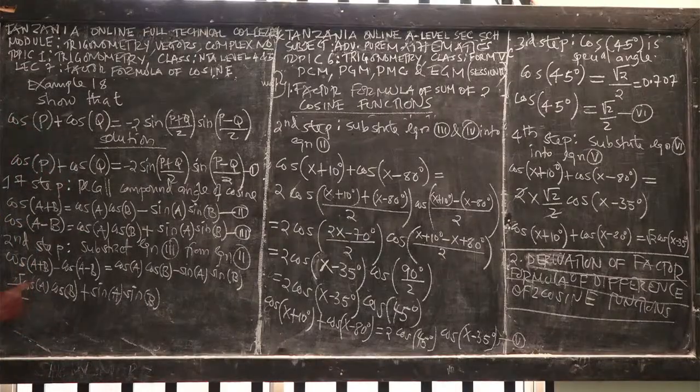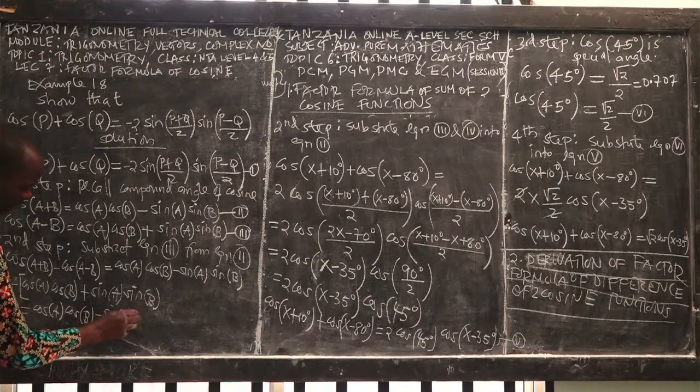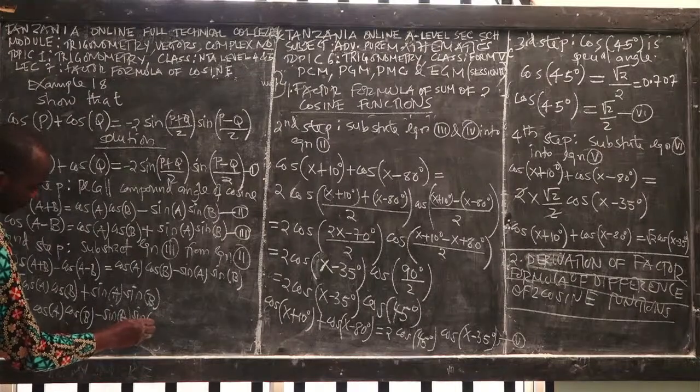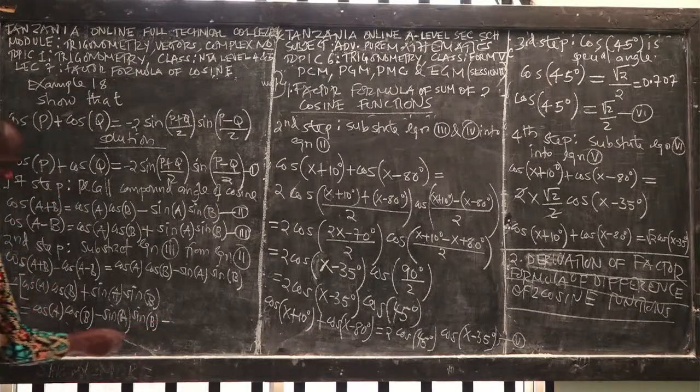And next, we open the bracket. So this will be cosine of A multiplied by cosine of B, minus sine of A times sine of B, minus what?